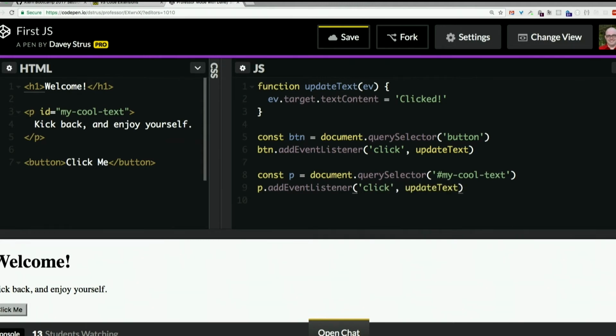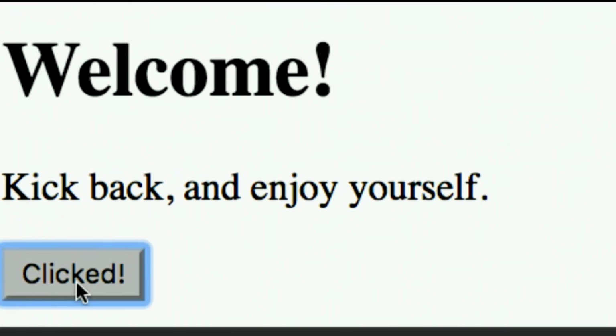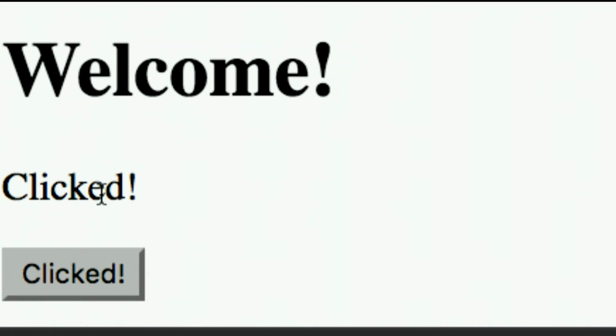Call the same function? Why the heck not? This function doesn't care. Click the button, button text content changes. Click the paragraph, paragraph content changes. We can totally do that.